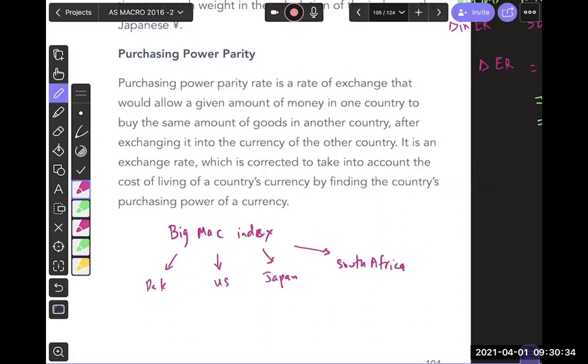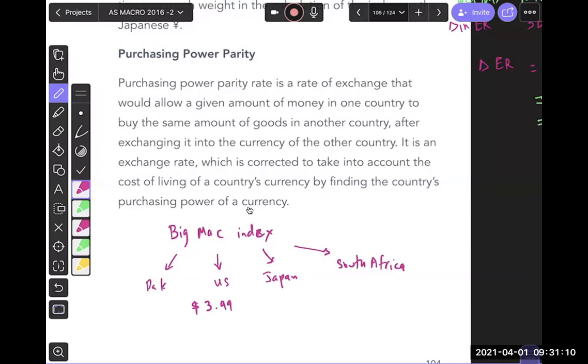So if I just Google very quickly and write, for example, Big Mac price in US, the answer is it's $3.99. But if I find out the Big Mac price in Pakistan, it's not coming.